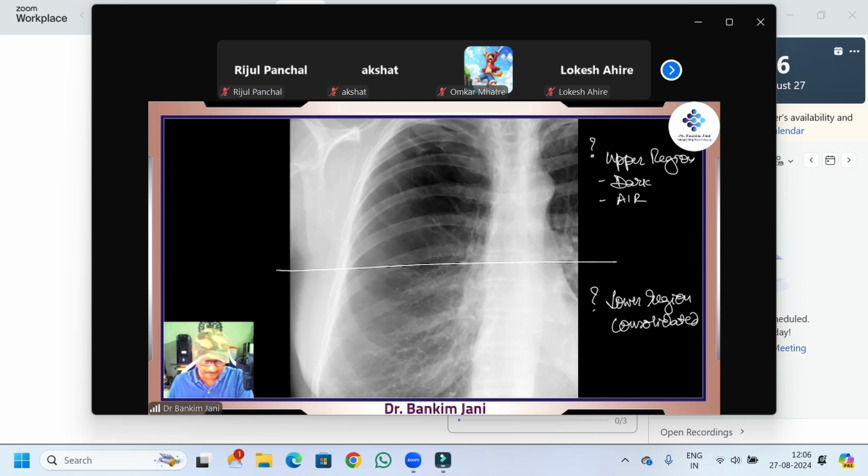Is it fluid filled? Well, fluid is not there. You have seen the fluid, right? When it is fluid, it really obscures everything. Last time, if you remember, we saw one X-ray of pleural effusion. In pleural effusion, when there is fluid, where does it fill?